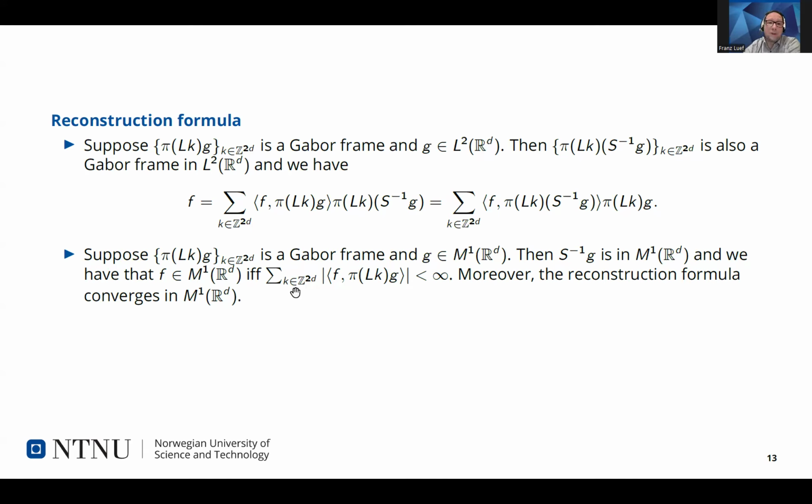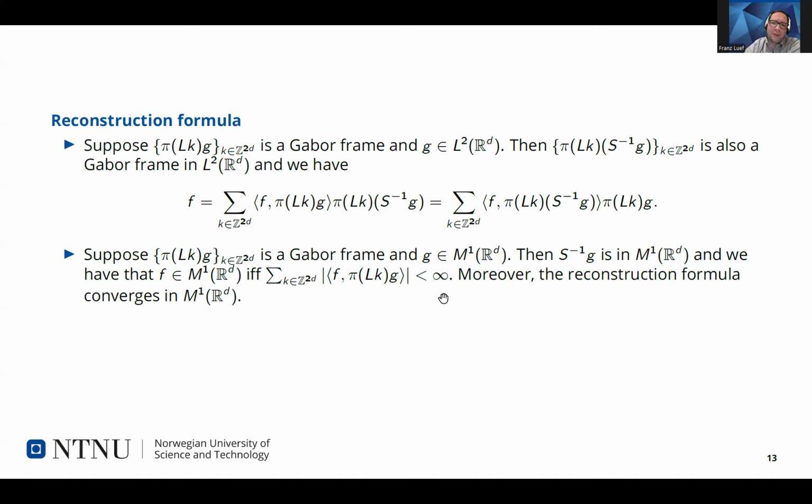And it turns out that we have this continuous L1 condition. It can be discretized, and so you can check if f is in this Feichtinger algebra precisely when these coefficients, the sampled matrix coefficients of f with π of (l,k), are in L1. And so, as I said, you can then get this reconstruction formula in this more sensitive norm M1.